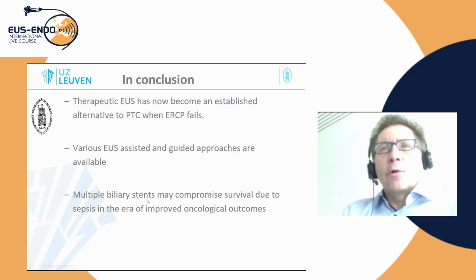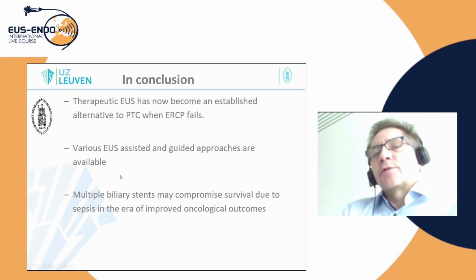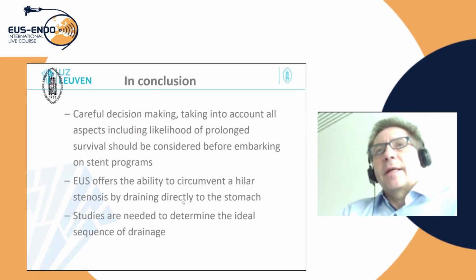There are various EUS-assisted and EUS-guided approaches available to the endoscopist, but we should definitely avoid multiple stents that may compromise survival. Certainly in the era of improved oncological outcomes, it is really time for us to reconsider, by careful decision making, deciding which segments to drain up front and not just go ahead and place stents in the bile ducts without considering the consequences that these stents may have.